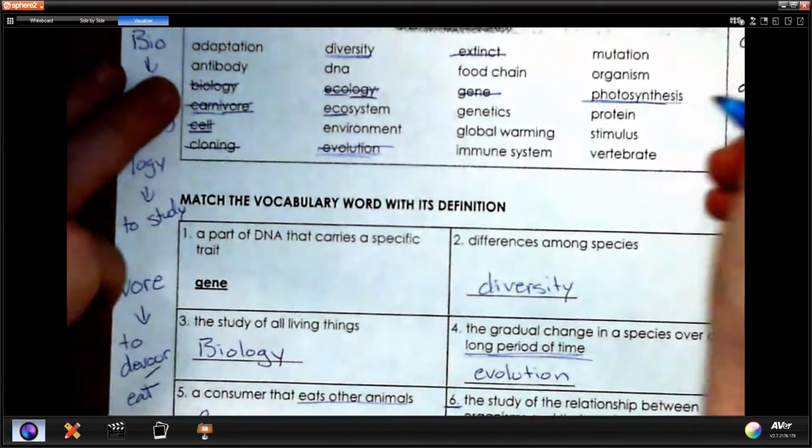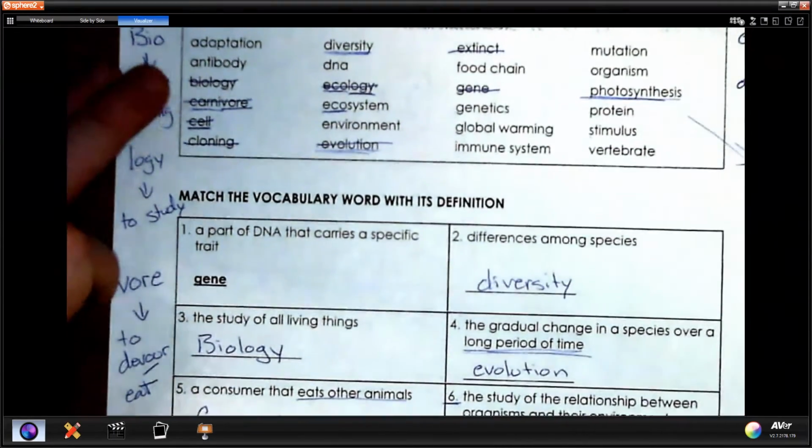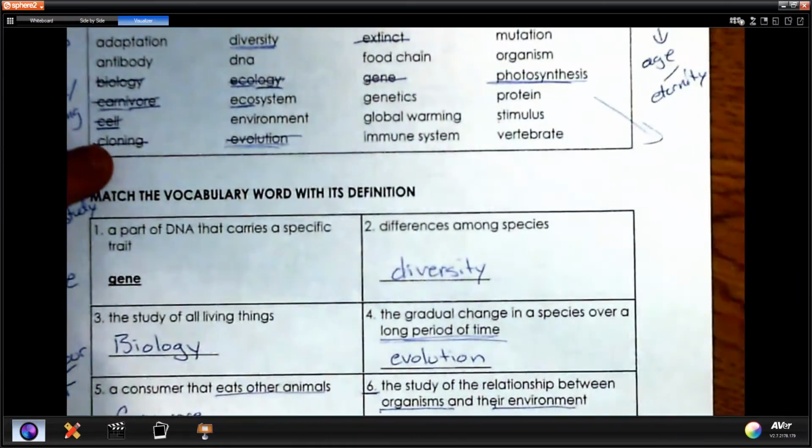All right, well, let's take a look at, again, knowing root parts is going to help you.